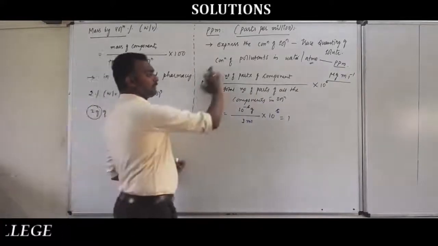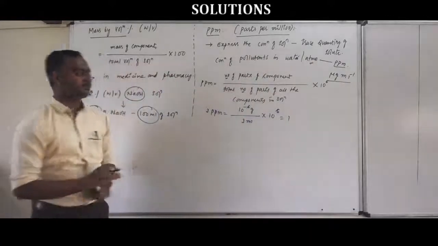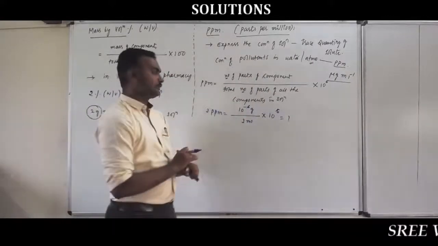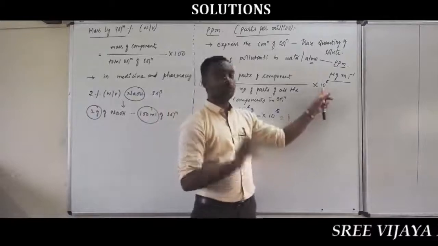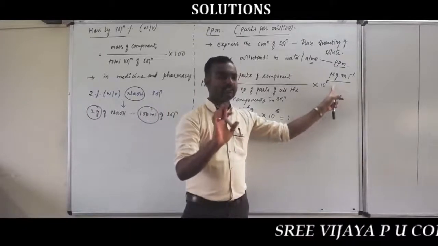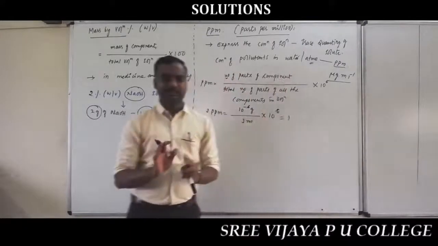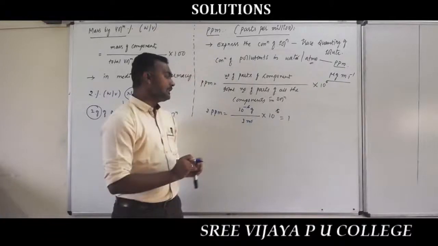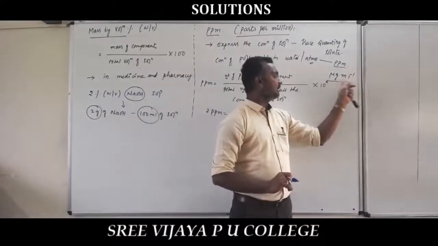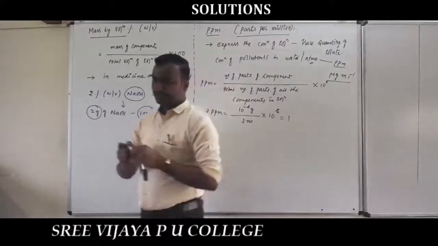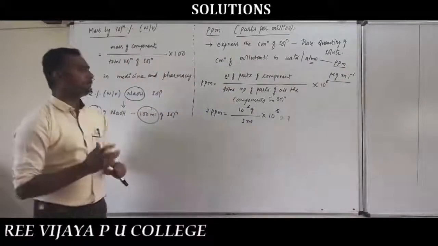And ppm can be defined as number of parts of component to the total number of parts of all the components in the solution into, remember, 10 power 6, not 100, again parts per million and percentage. So that is 1 ppm, and the ppm will also be expressed in terms of microgram per ml. So that is about the ppm, parts per million.